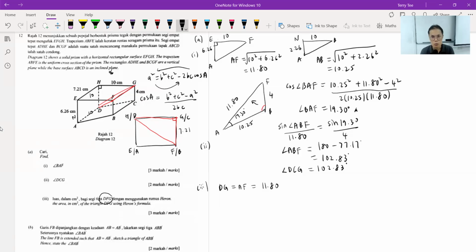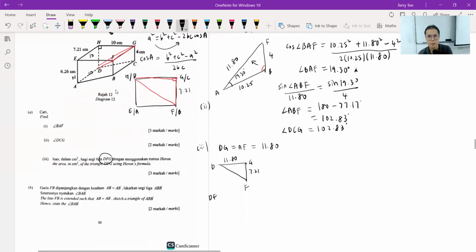So we know DG. When you view from the top, DG is like this, 11.80, and we know GF is like this, 7.21. So what I need to do is to find DF. Again, I use Pythagoras theorem here. Let me write DF. Let me move this up a bit, I don't have enough space.